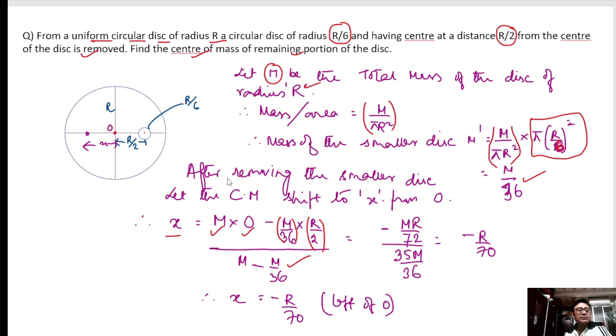If it were added, then plus. So this is m1 minus m2. Solving it, we get minus r by 70. Now what does minus suggest? Minus suggests that if you have cut it on this side, your center of mass will shift to the other side.